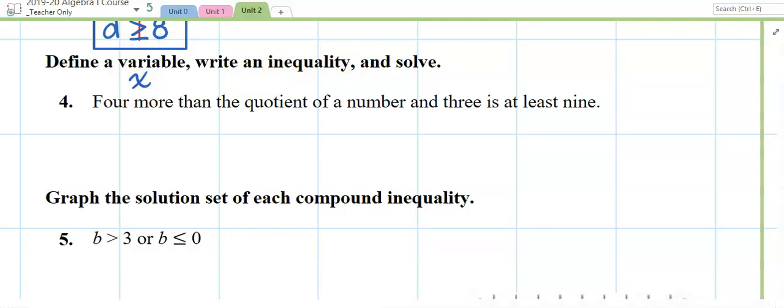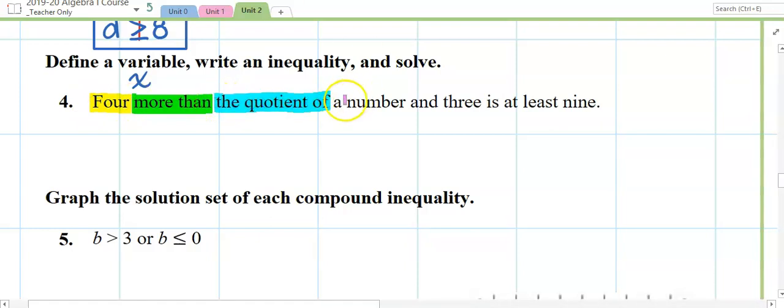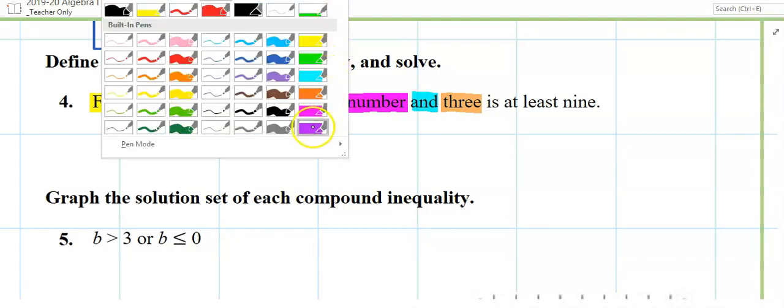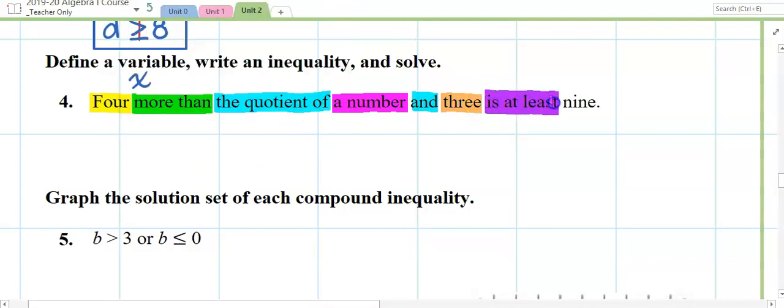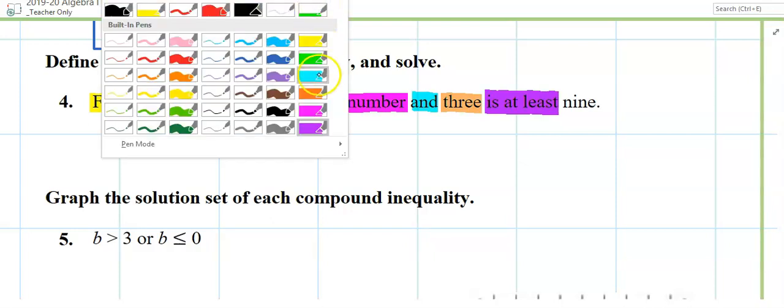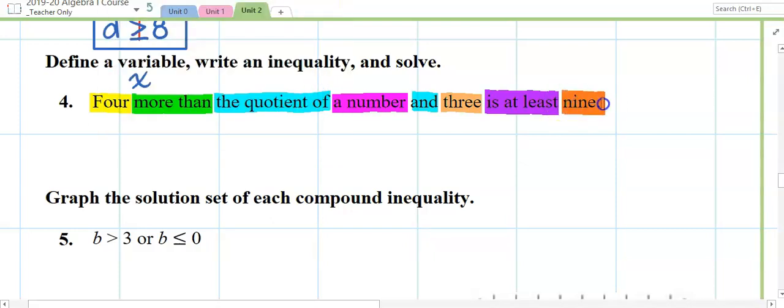And again, this takes us back kind of to step 6 when we were translating language into mathematics. 4 more than the quotient of a number and 3, and this is where it'll get a little tricky, is at least 9.